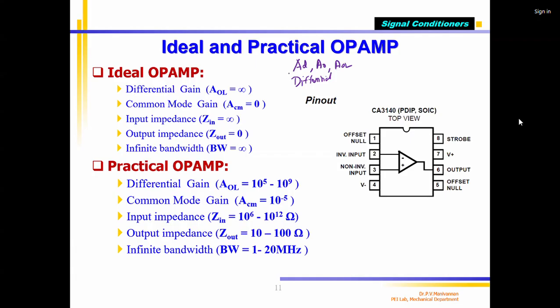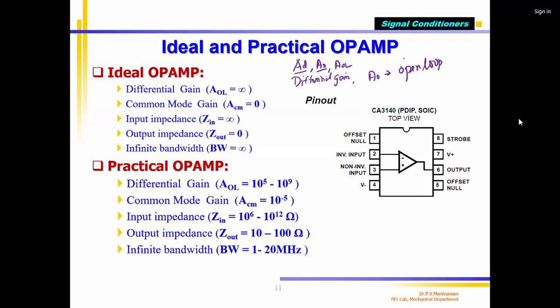So they may mention the gain of the op-amp as A subscript D, meaning differential gain. It is the same as AO. Differential gain is called AD in some books or data sheets, and in others it will be AO. AO is the open loop gain.